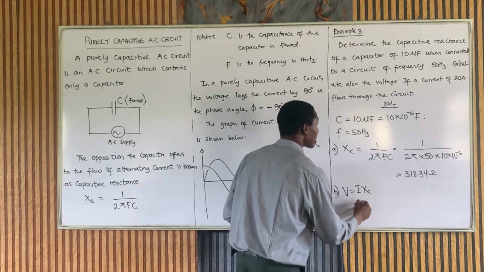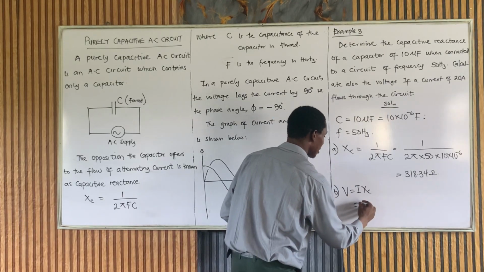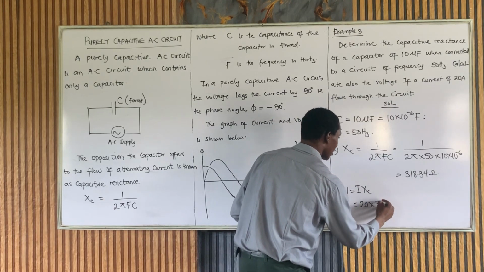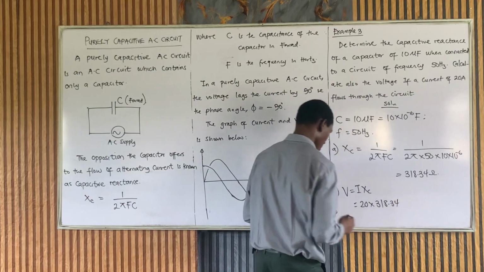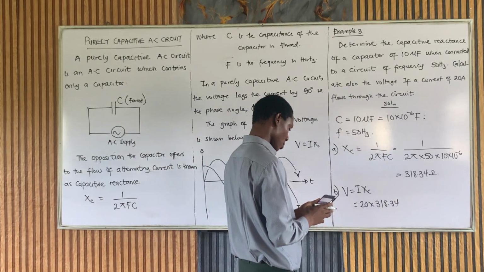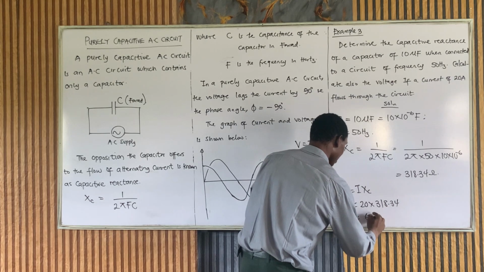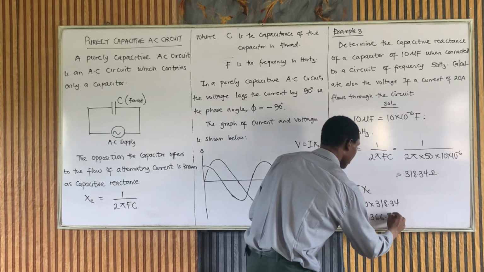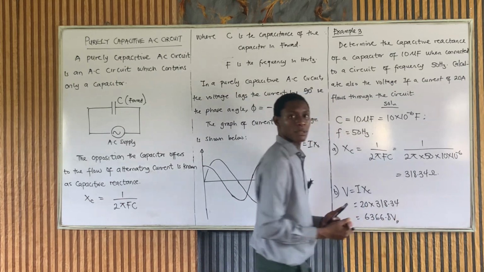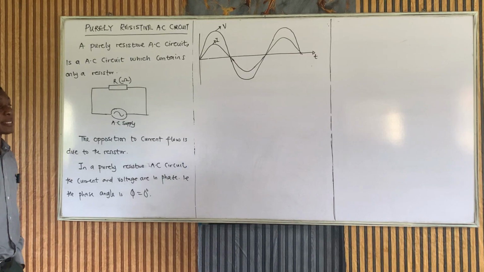So this will be current. The current is given in the question to be 20 ampere, then times 318.34. So that will be 6,366.8 volts.